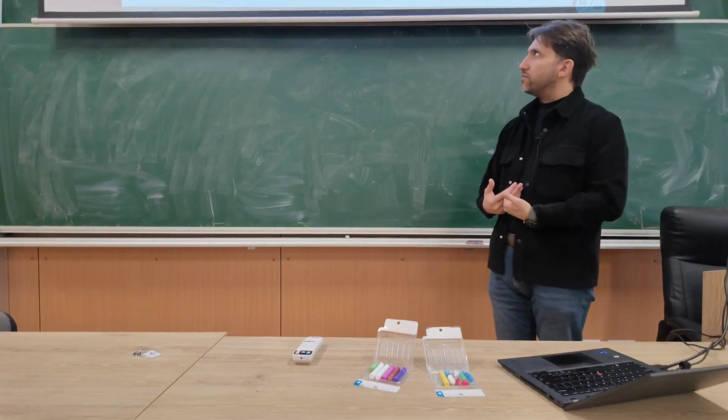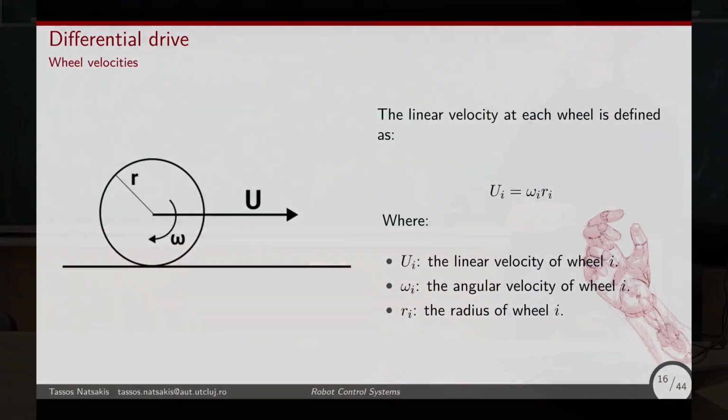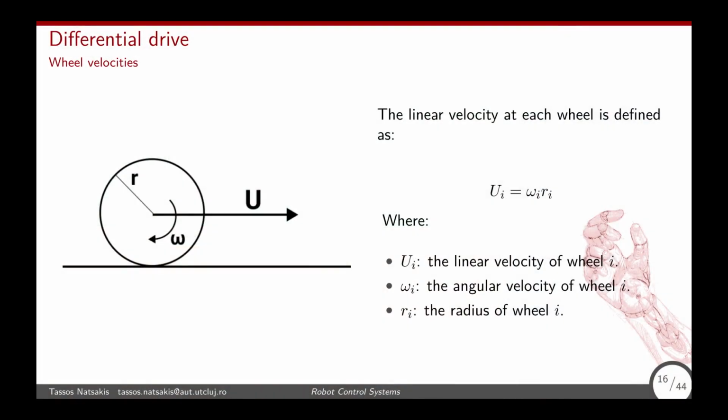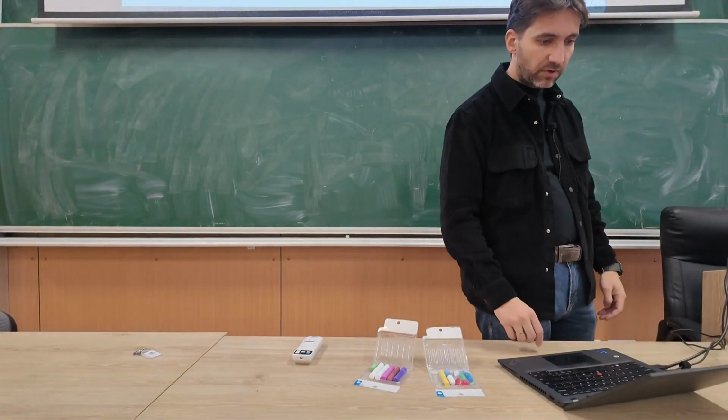In order to do that, we have to remember this equation that we saw many times, which tells me how to convert angular velocity to linear velocity: the linear velocity of the wheel will be equal to the angular velocity times the radius. Now, we've seen this quite some times.